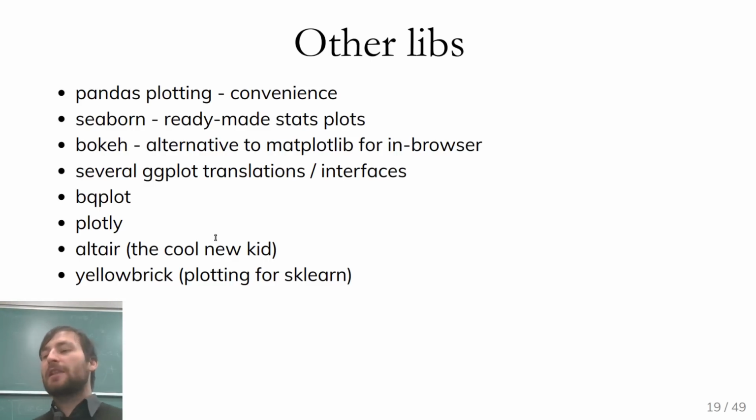So there's a couple of other libraries you can use in Python. Actually, half of them are built on top of Matplotlib to do more data visualization. One that you might use pretty commonly is Pandas. So Pandas has some plotting tools in there. I think actually the Pandas developers would prefer if they were not in Pandas, but somewhere else. But I don't think anyone wants them right now.